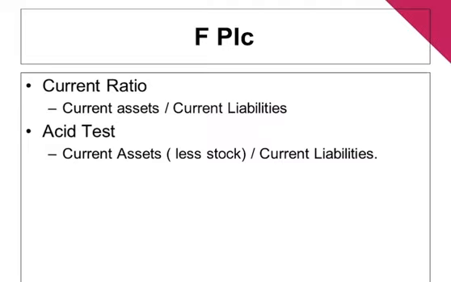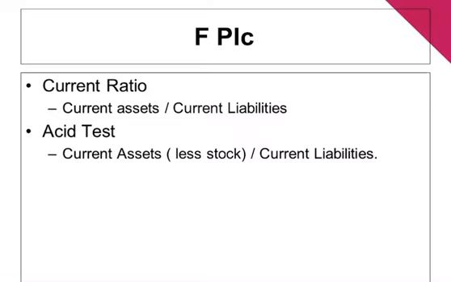We're going to use the income statements and the statements of financial position, or the profit and loss and the balance sheet, and use the numbers off those sheets to calculate the current ratio, the acid test and also the working capital position.